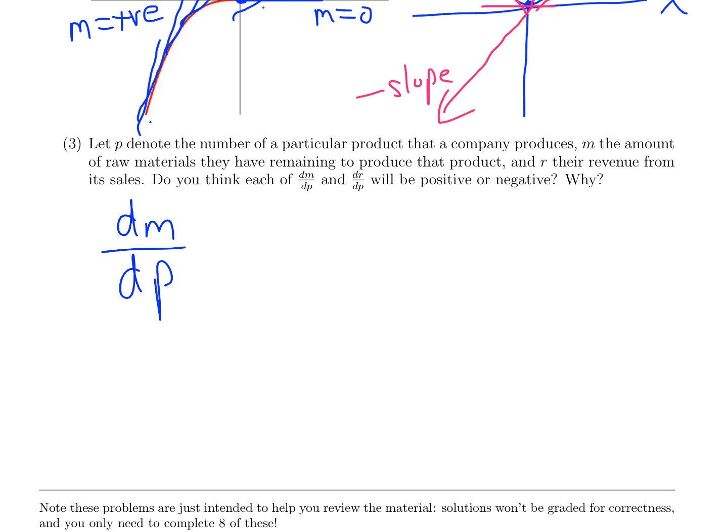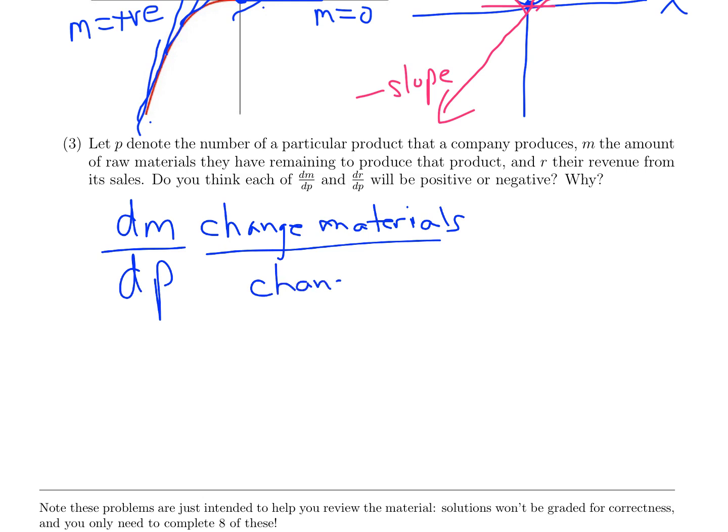Okay, so dM/dP, that means the change in materials that we have available. And then dP is the change in production. Okay?